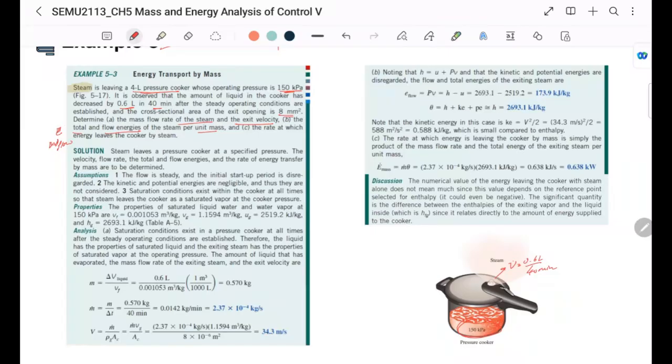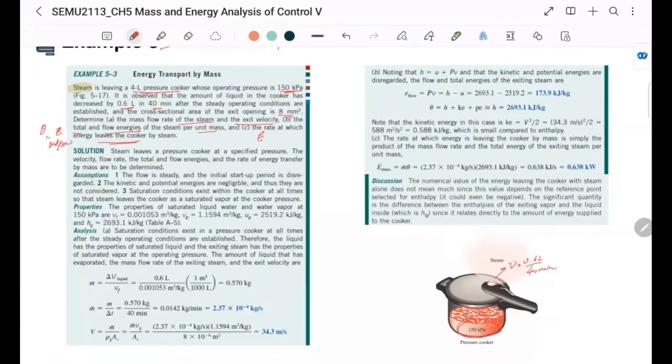Total energy I'll just write as E, or earlier they write as theta. And then number third, the rate at which energy leaves the steam cooker, which means this will be the total E dot. So three things we have to look for.